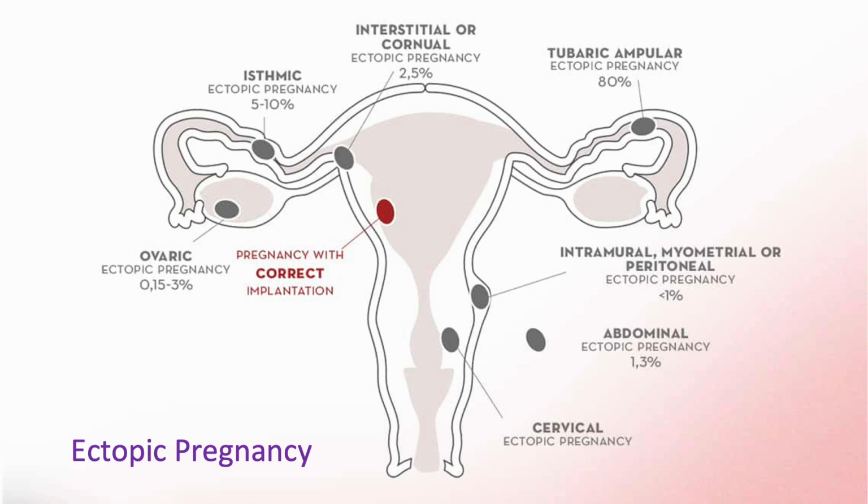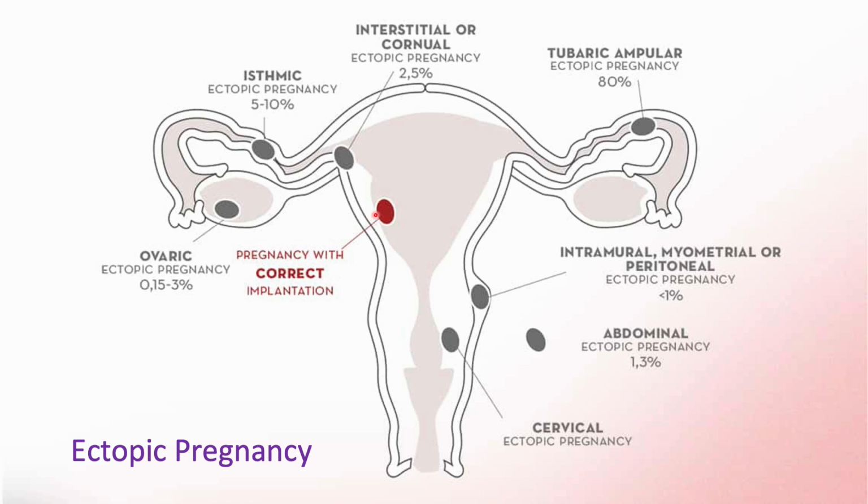And for the second to last clinical correlation that I want to talk about, we're going to talk about ectopic pregnancies. An ectopic pregnancy refers to any time that there is implantation, so not fertilization, but implantation of a fertilized egg somewhere outside of the uterine cavity.